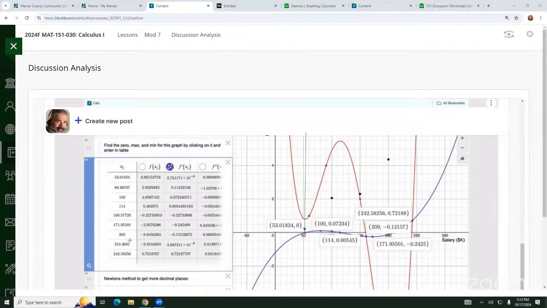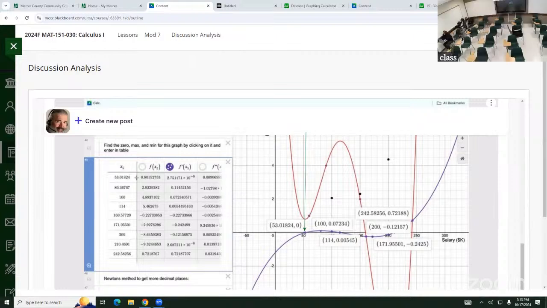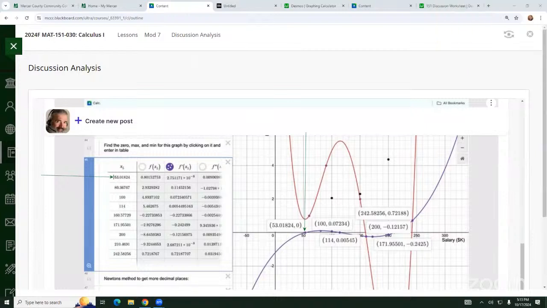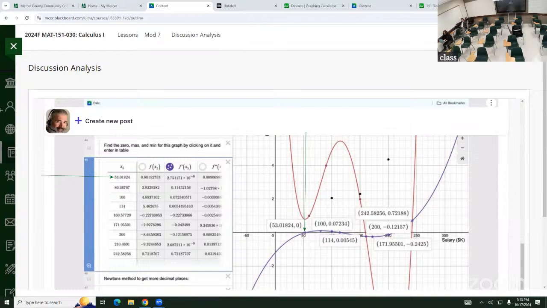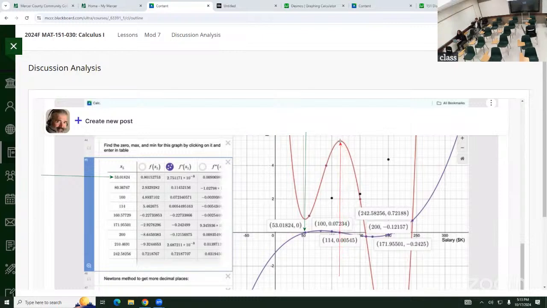The X value gives you a minimum. 53. 53 is the minimum, correct? Gotcha. Okay, how about the maximum? Here's the maximum, where's that? At what value?